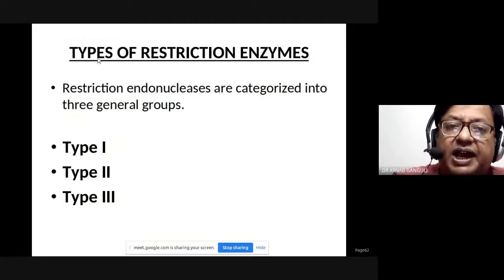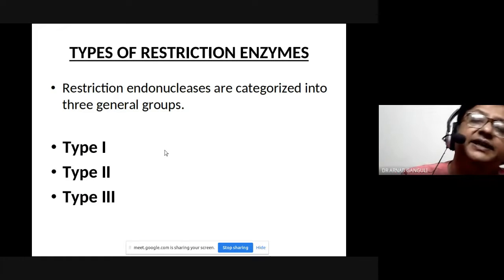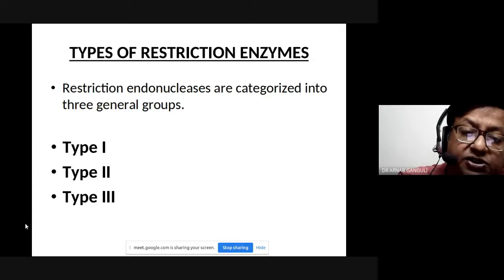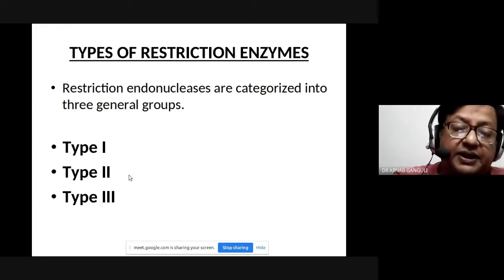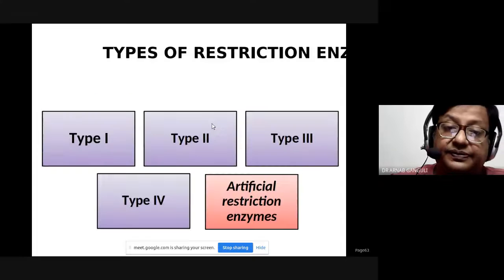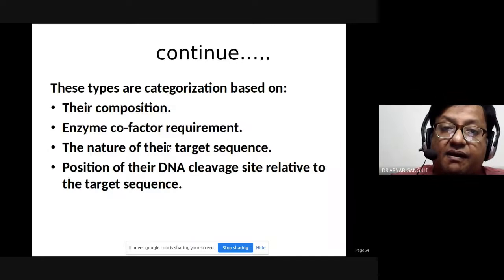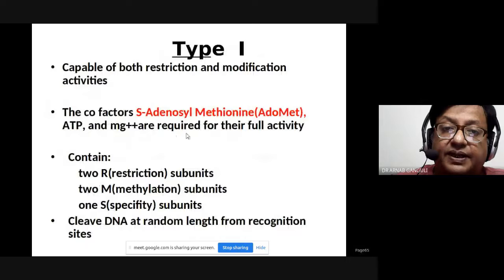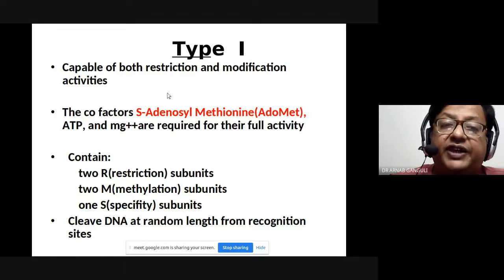We have 3 types of restriction enzymes. Normally we use type 2 mostly. EcoR1 is type 2. But there are the other 2 types, type 1 and type 3. Type 1 is capable of both restriction and modification activities.